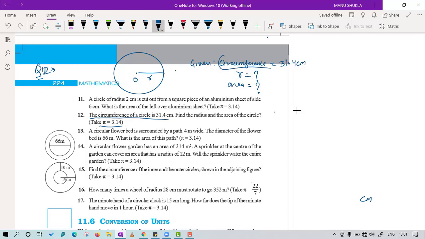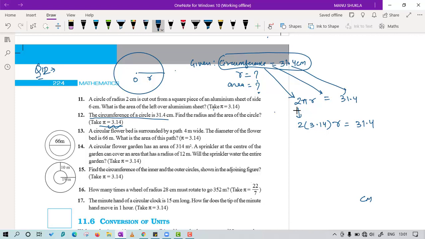So class, we have to use this given thing to find the radius. We all know that circumference is what? It is 2 pi r. Then we have an equal to sign. Then we have 31.4 centimeter. So we can easily put the values now. 2 into 3.14, because they have told us to use pi equal to this thing. R is unknown, 31.4.